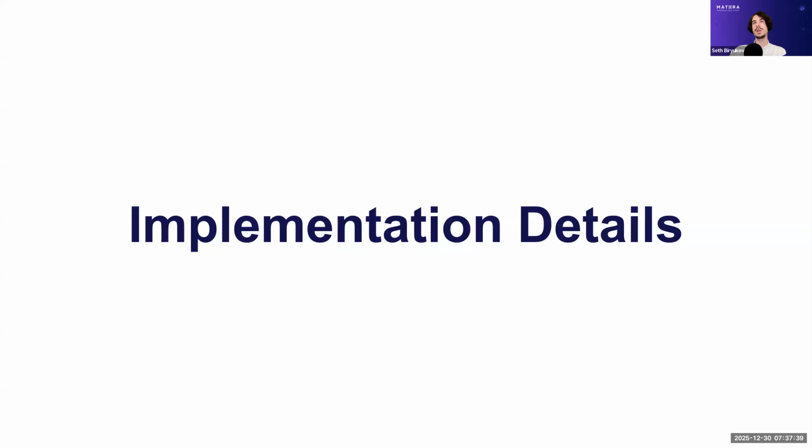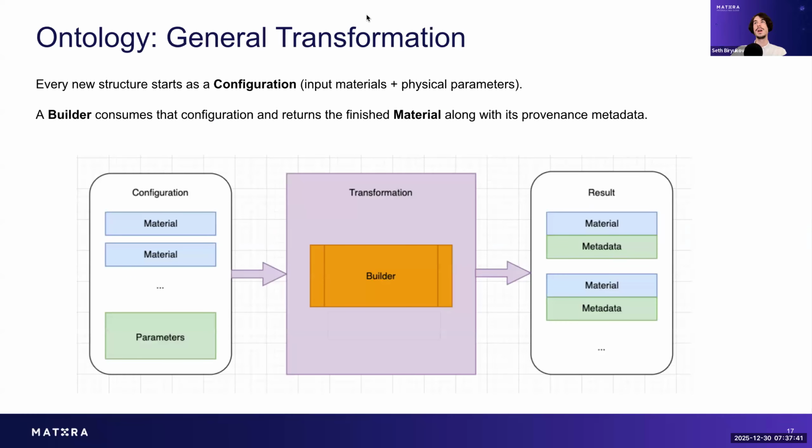Let's take a look at the implementation details. We split the process of material creation into three parts: configuration, transformation, and the result. So, for example, if we want to create a slab, we would start with the bulk material and define properties such as Miller index, thickness, and supercell.